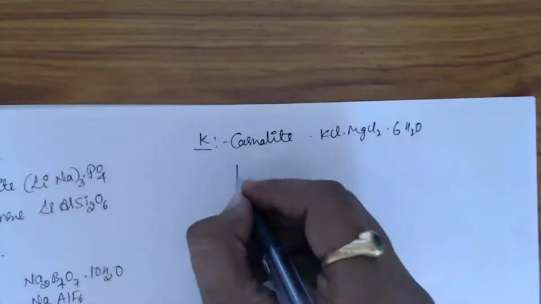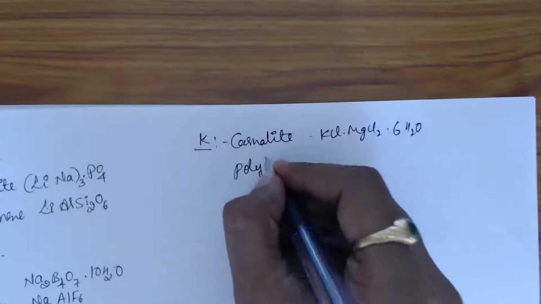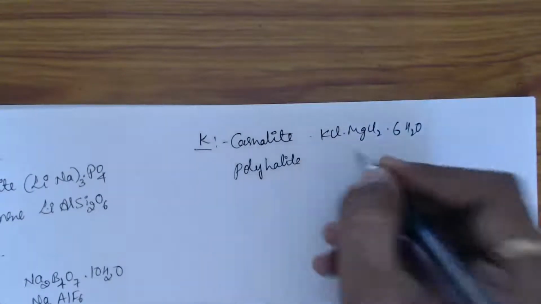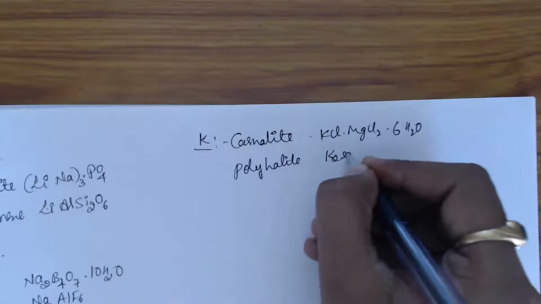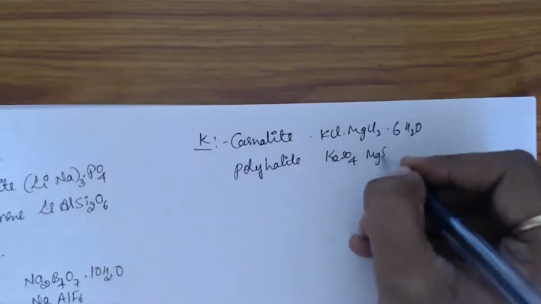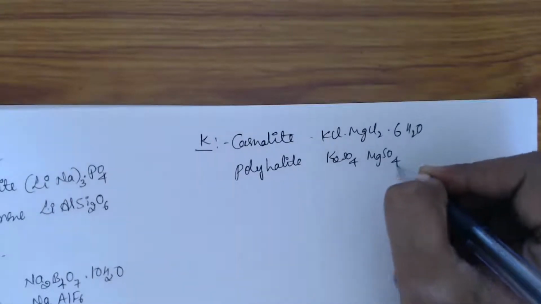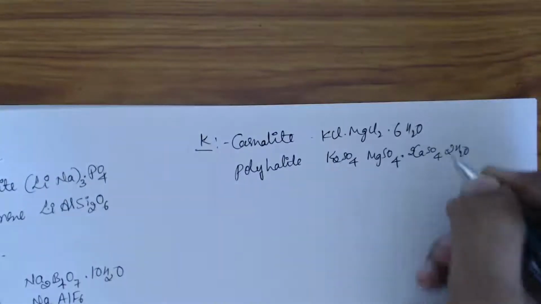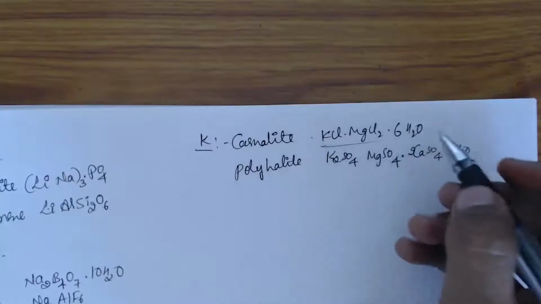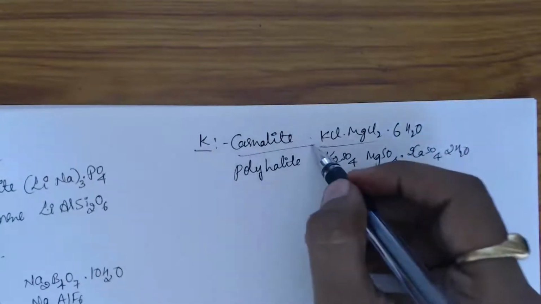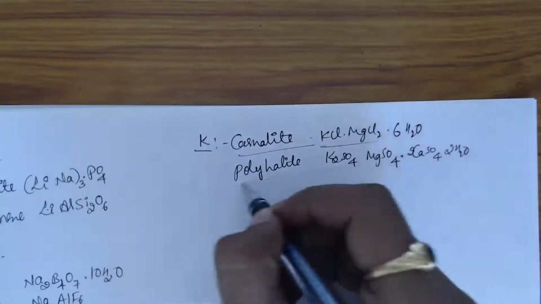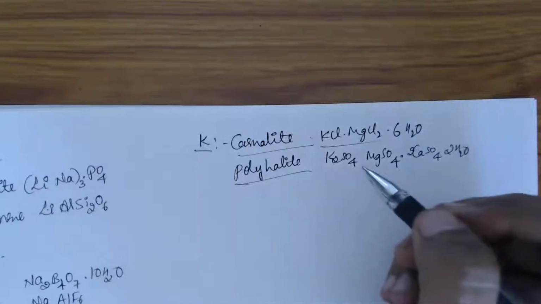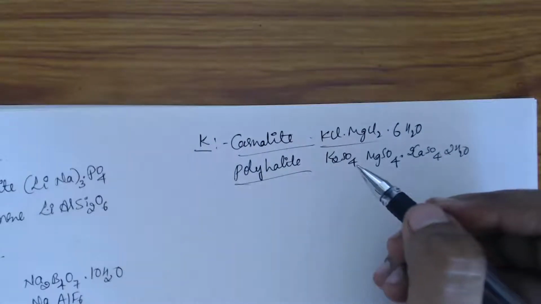Similarly, polyhalite is there, that is a sodium, potassium and magnesium sulfate salt. So potassium and magnesium chloride means carnallite. Potassium and magnesium sulfate means polyhalite. You have to remember this, students.